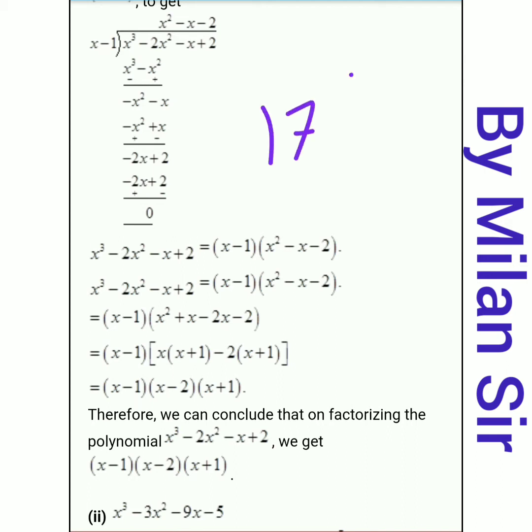Just 17 divided by 3. First we need to go closer to 17. 3 1s are 3, 3 2s are 6, 3 3s are 9, 3 4s are 12, 3 5s are 15.